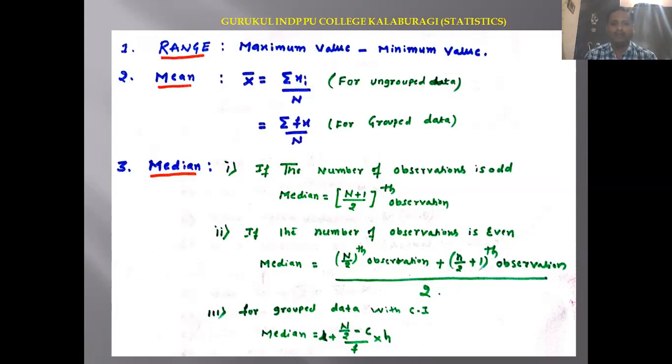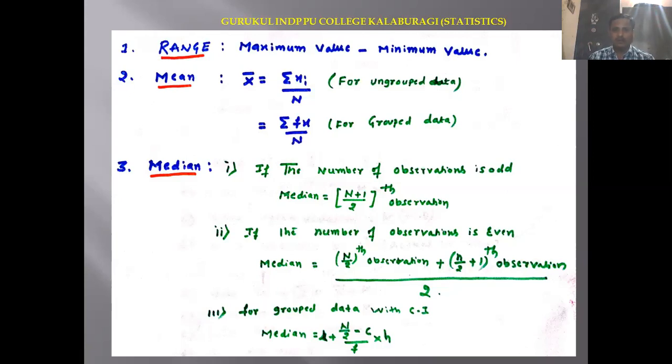So the median will be the average of the n by 2th observation and the n by 2 plus 1th observation. When we have 6 data, 6 divided by 2 is 3, so the third plus the fourth data divided by 2 gives the median for an even number of observations.